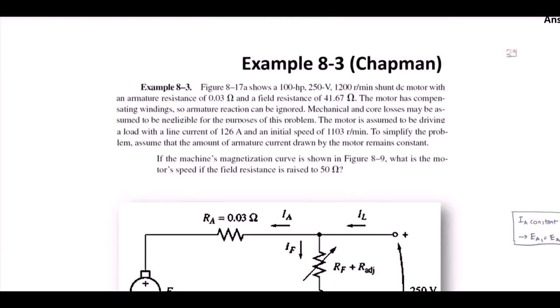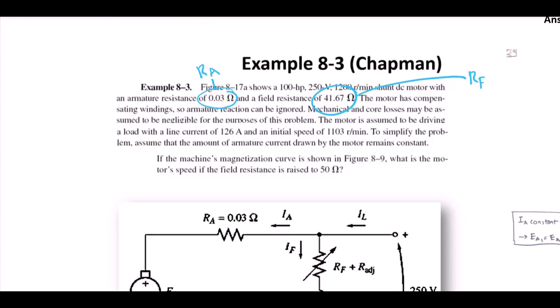Okay, so there are a few values here that we are going to use in our calculation to answer the question. This is the armature resistance RA, and then here we've got the field resistance, which is RF.